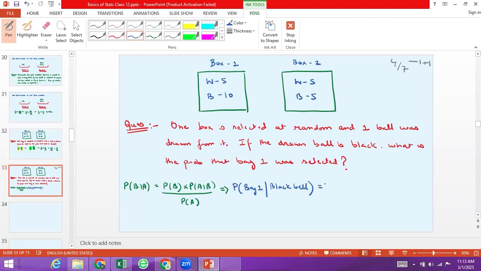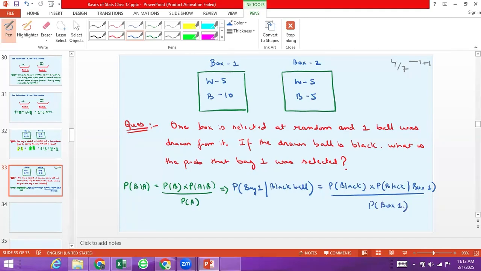That will be the same as the probability of drawing a black ball, multiplied by the probability of this one, black ball if box 1 was selected, divided by the probability of selecting box 1. Is this format making sense to you?